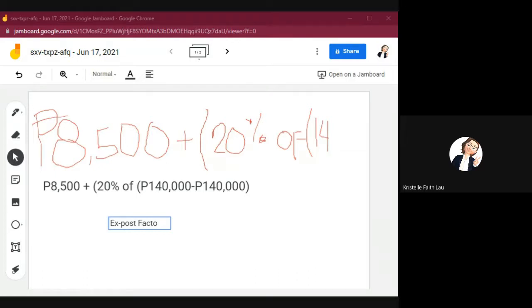Revenue or fiscal. These taxes are imposed solely for the purpose of raising revenue for the government. So that is what Justin defined kaganiya. Example ani revenue or fiscal: income tax, mga VAT, and transfer taxes.